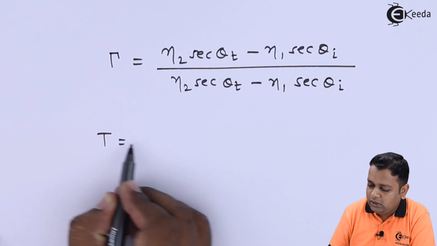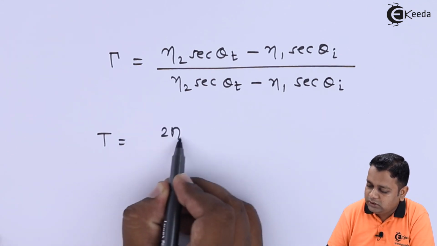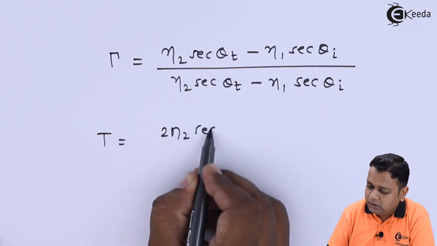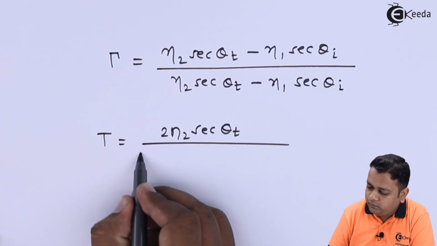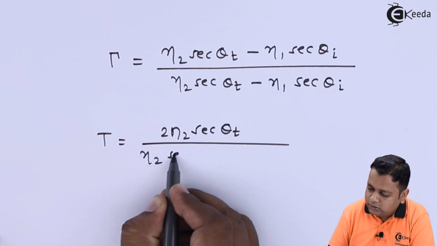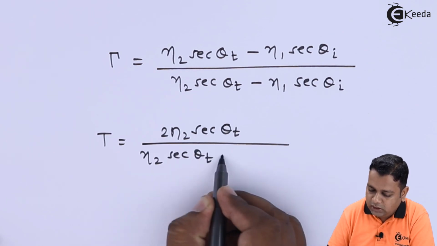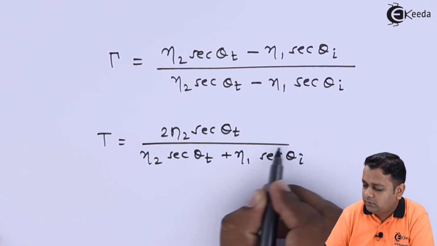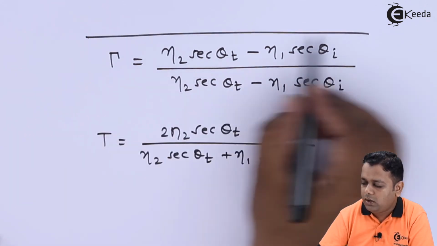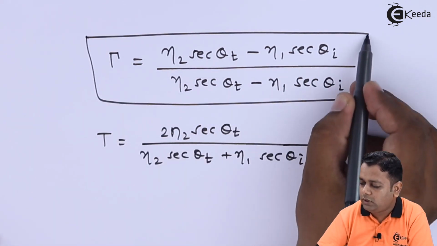So capital T we write as twice eta 2 sec of the angle theta suffix t divided by eta 2 sec of angle theta suffix t plus eta 1 sec of angle theta suffix i. So I have outlined both of these formulae.